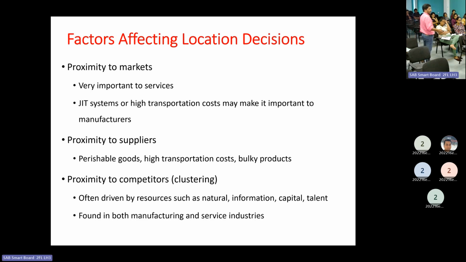Businesses make decisions based on proximity to markets. The simple idea is how close we are to the market.